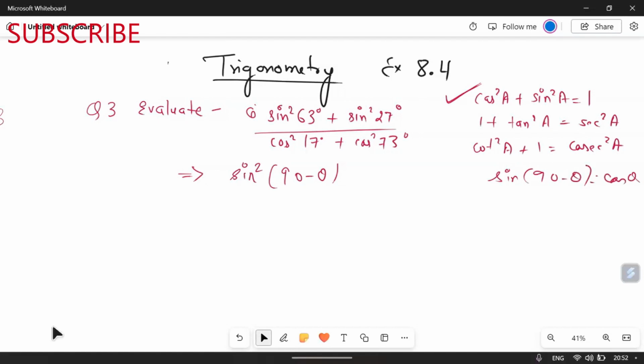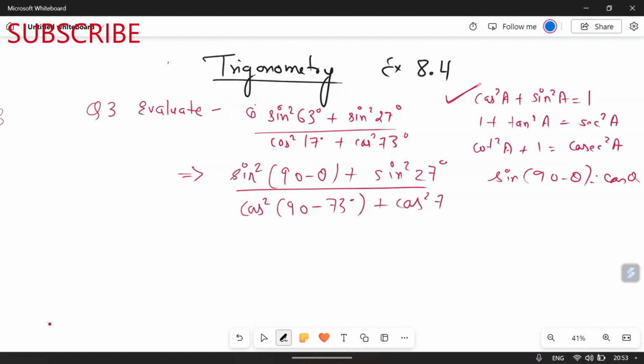So plus sine square 27 degree divided by cos, we need to convert also. So cos we can write down cos square 90 minus 73 degree plus cos square 73 degree.